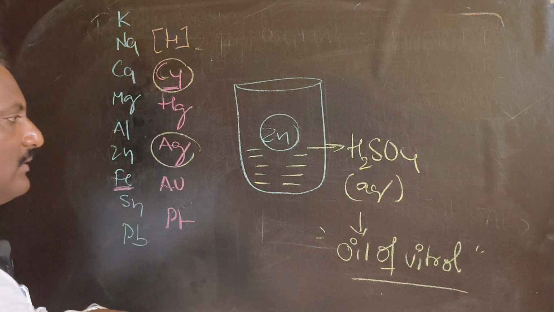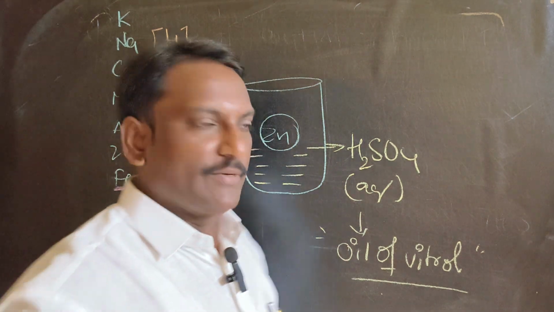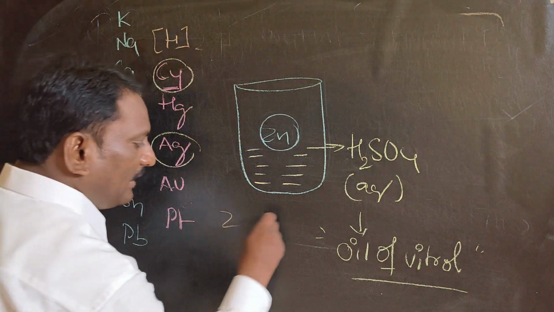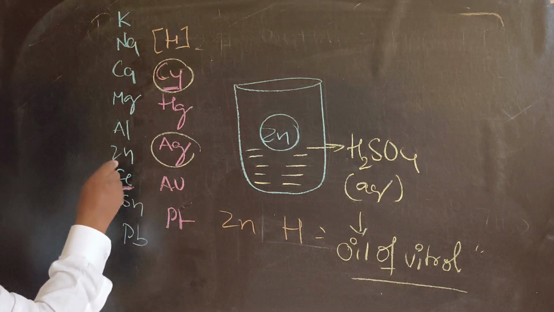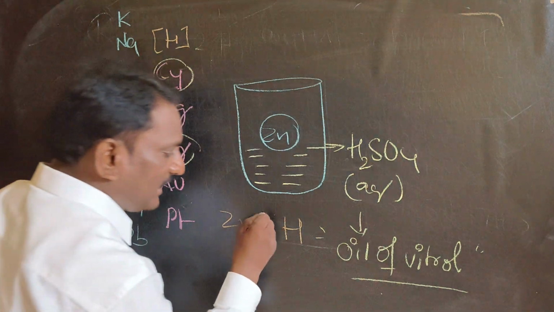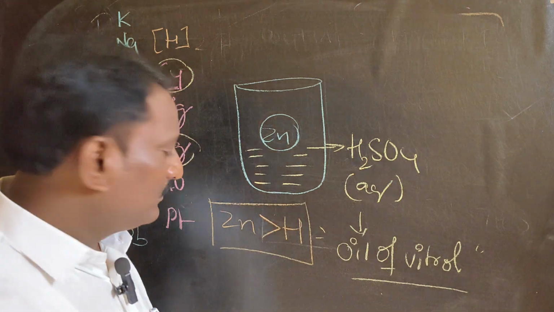So the condition is that the entered element must be more reactive than the existed element. Here, zinc and hydrogen. Let us find out the relation. Zinc is here and hydrogen is here. That means zinc is more reactive than hydrogen. Condition satisfied.